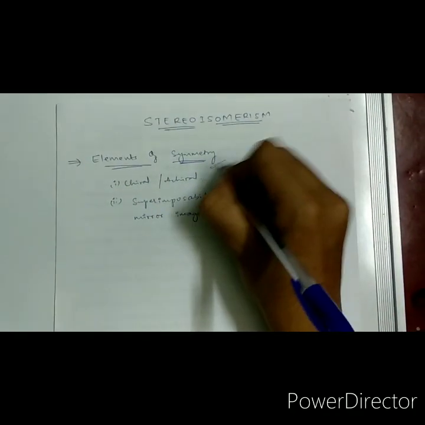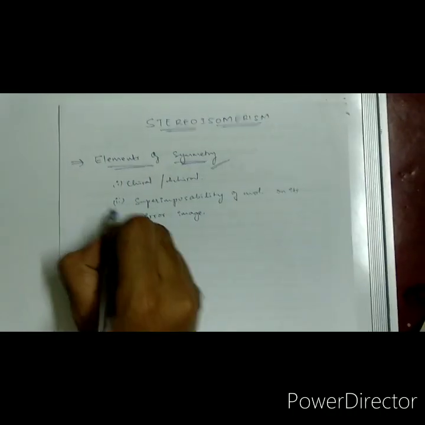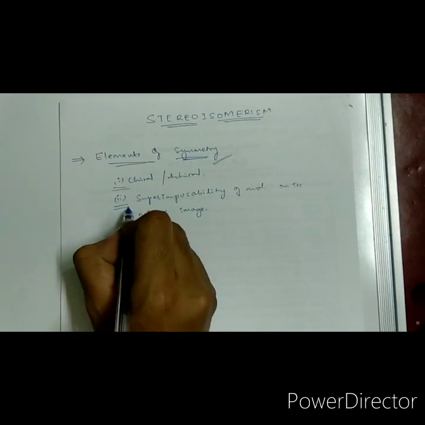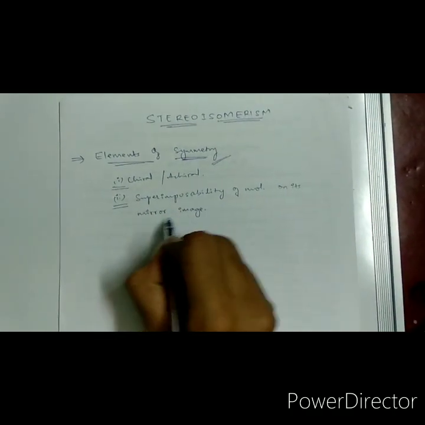So the characteristic of these elements of symmetry is that they define whether the molecule is chiral or achiral, and whether the molecule will be superimposable on its mirror image.